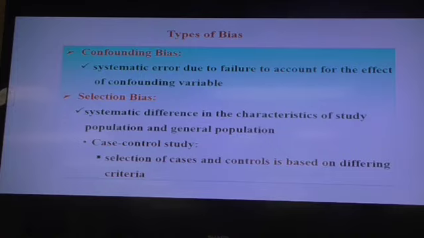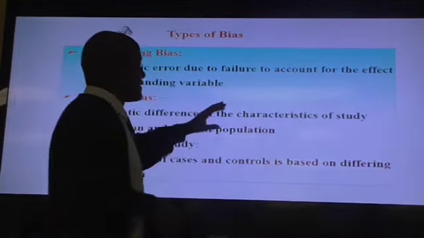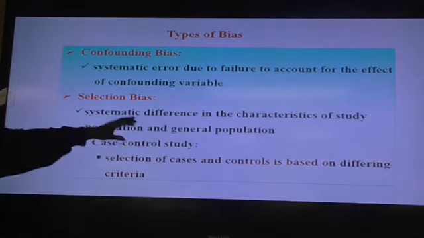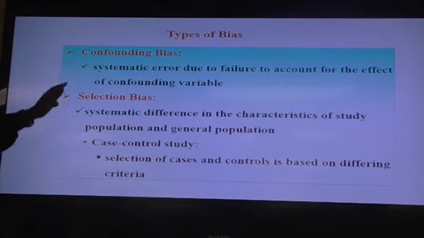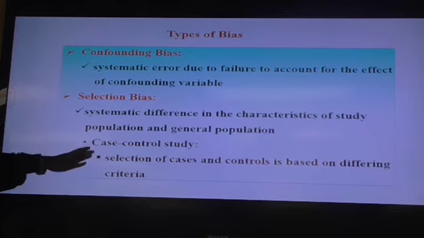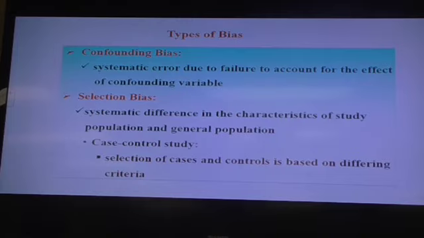If our sample is already different from the general population, that is what we call selection bias. There are several ways in which selection bias occurs. The first one is in case control studies. These are always very prone to bias because, as we know, this is retrospective data.